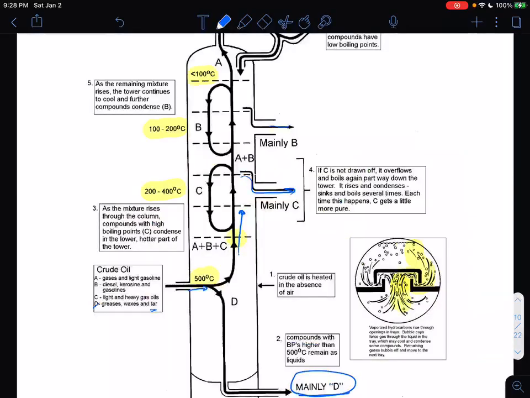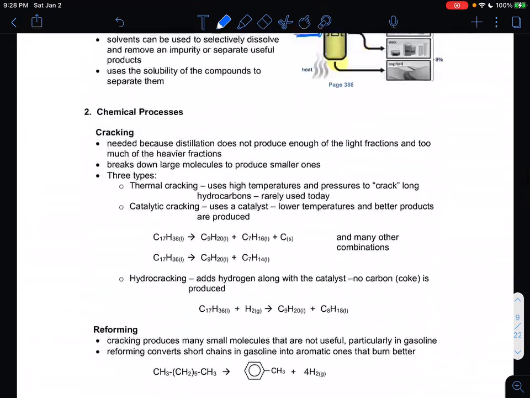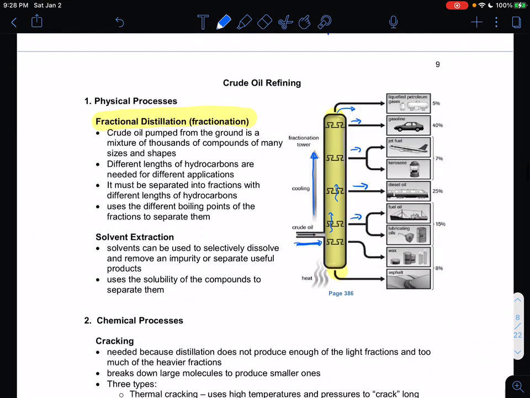All right, so that is the first thing that's usually done with crude oil as it's pulled out of the ground and processed into a more usable form. But even then, that doesn't give enough of the fractions that we use for transportation: gasolines, jet fuels, diesel, all that kind of stuff.